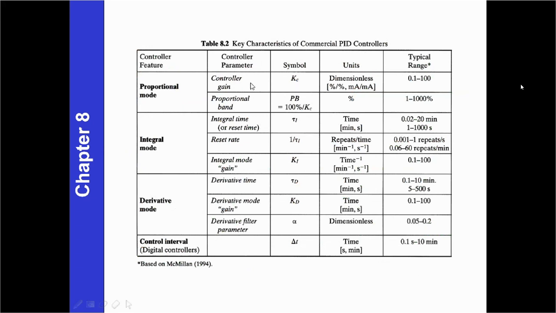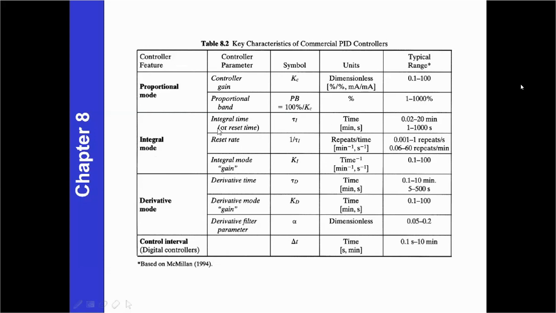Units for the controller gain in proportional mode are dimensionless, with a range of 0.1 to 100, and the proportional band from 1 to 1000%.